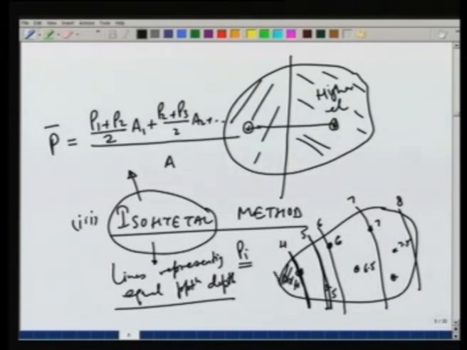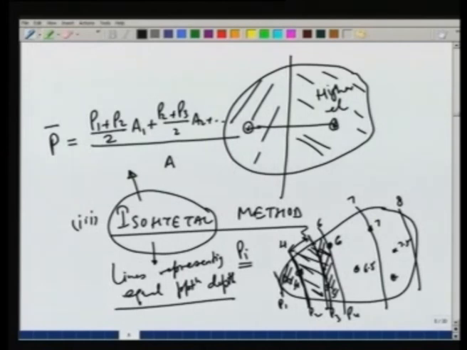then the value here will be P 1, P 2. Similarly, for this area P 2 and P 3, for this area we will have P 3 and P 4. So, for this area between 4 and 5 isohyetal values, we will have 4 plus 5 by 2.